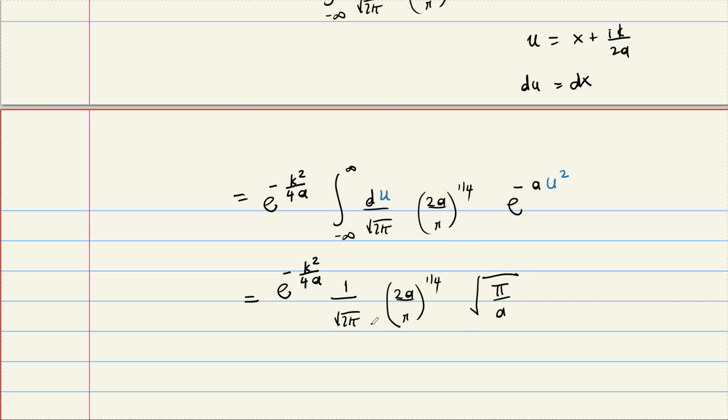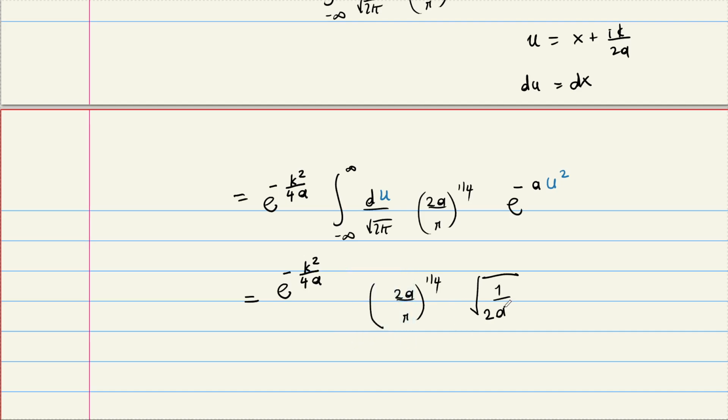Now I want to combine, so this 2 is gone, and cancel this pi with this pi, this is 1, and I can push it inside here.